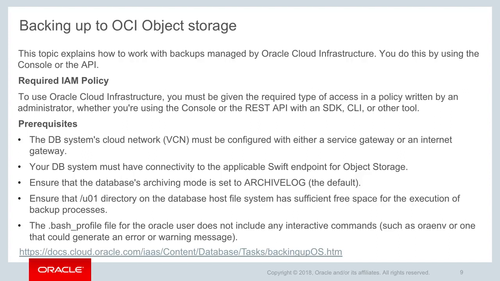So there are two ways of backing up your database into the cloud object storage. The first one is using the console, and the second one is using the API.